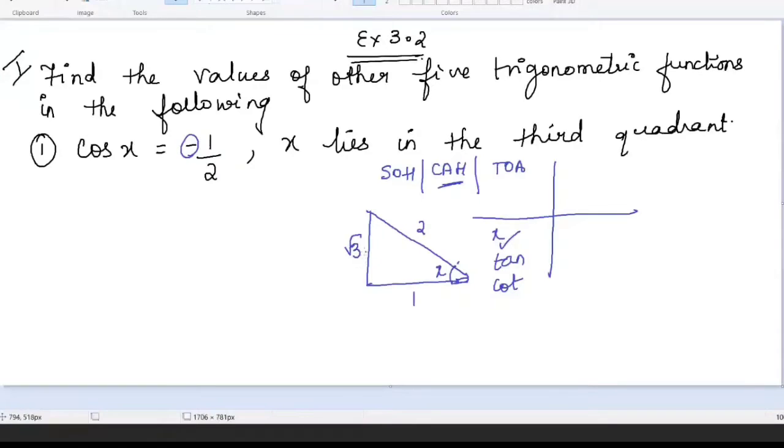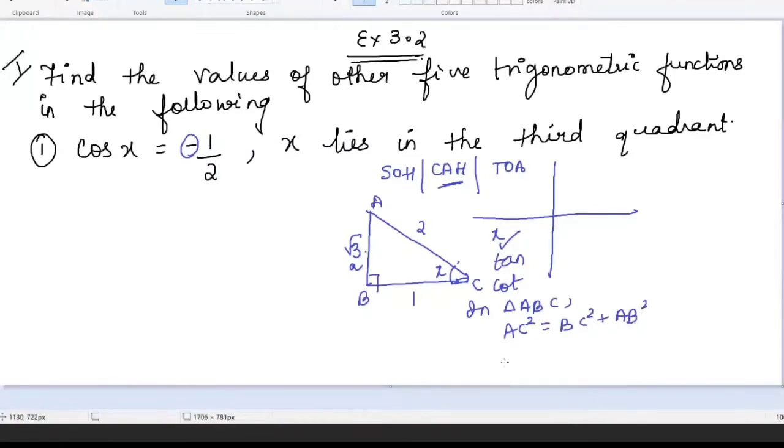So how to find this? Those of you who have not understood, I'm going to explain. Suppose this is an unknown, let me call it A. How to find that A? We know from this right angled triangle ABC, the Pythagoras theorem: AC square is equal to BC square plus AB square.